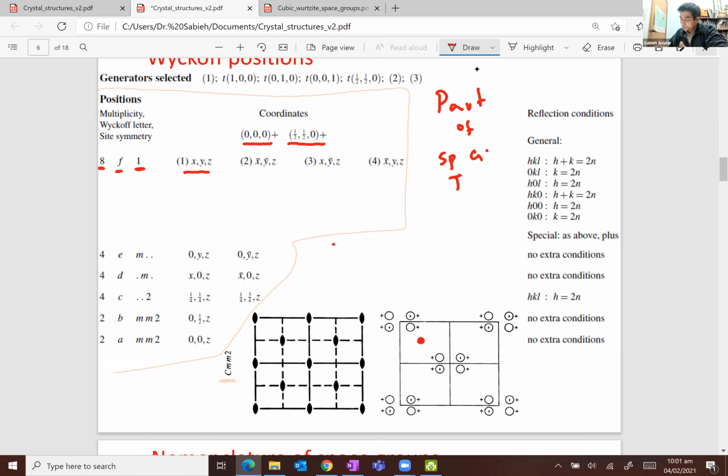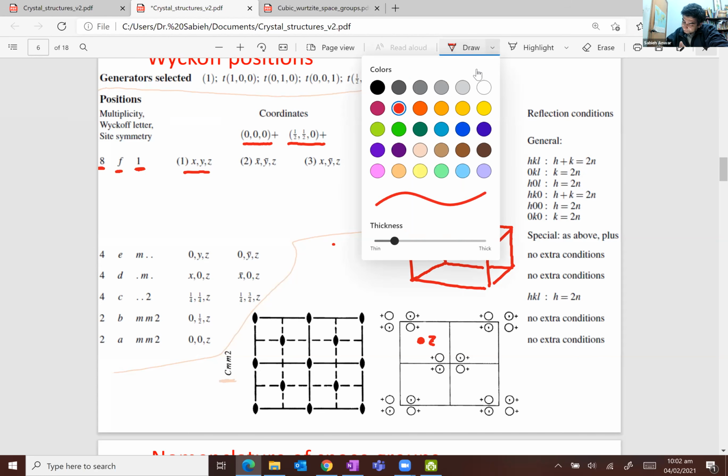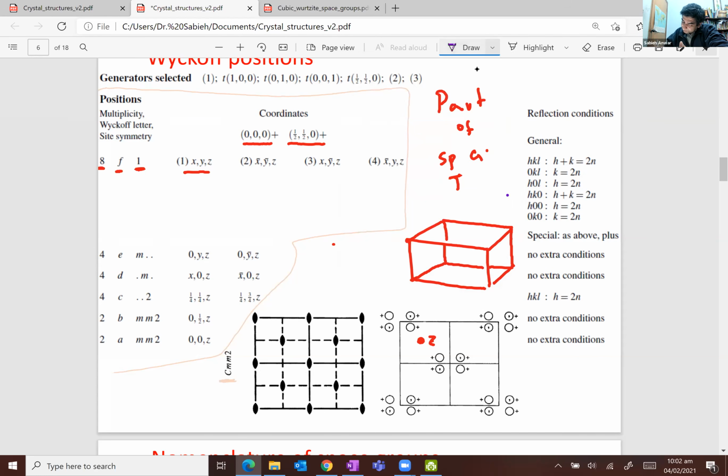Now this is just a projection view. So if I were to draw my orthorhombic unit cell, and I were to place my atom anywhere, just anywhere inside this unit cell at coordinates x, y, and height z. So this is where I placed my atom.